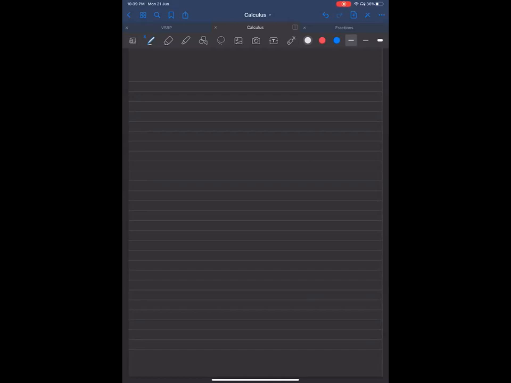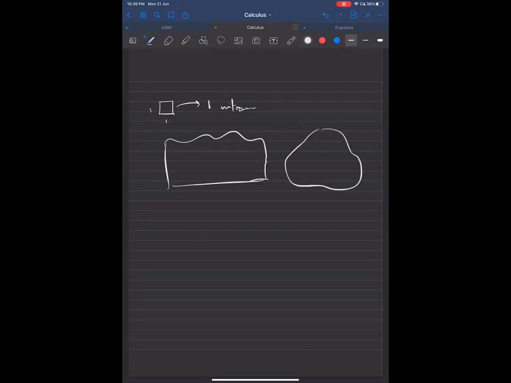We wanted to understand, if we give a unit square 1 unit area, then what about this? How much area is this? What about this?